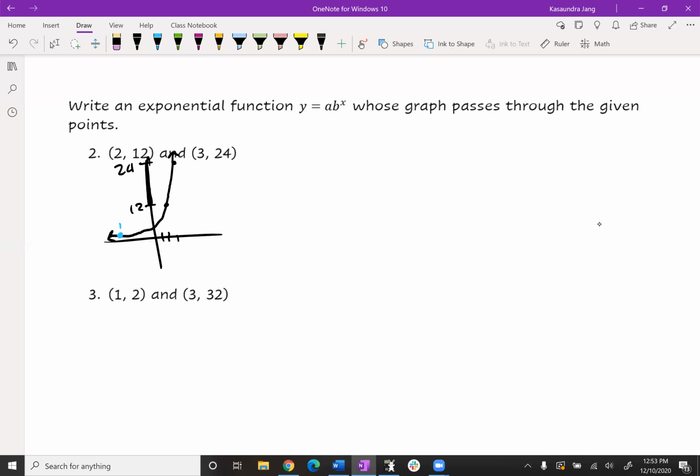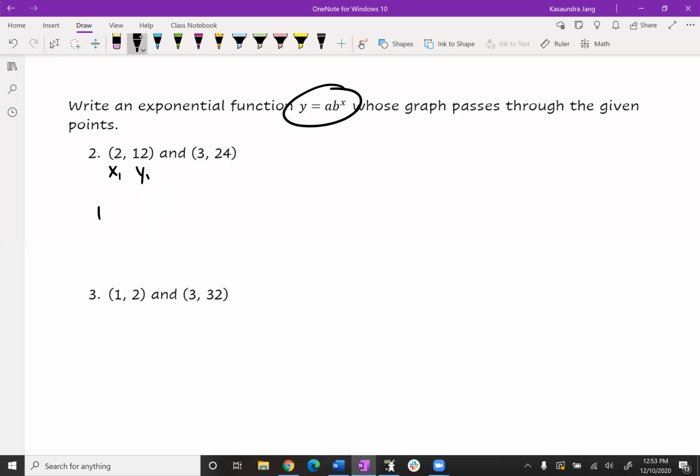So how I'm going to approach this is I'm going to make a system of equations. So let's see here. I'm going to erase my graph here. I've got my first x and my first y, so I'm going to put those into my x and y here.